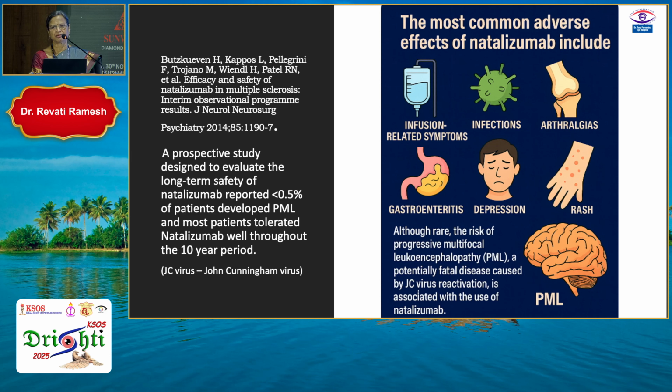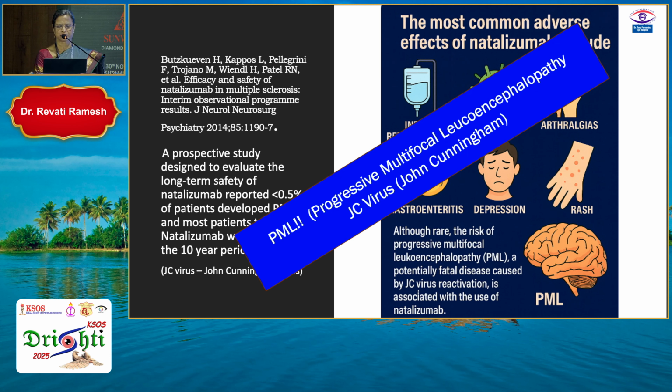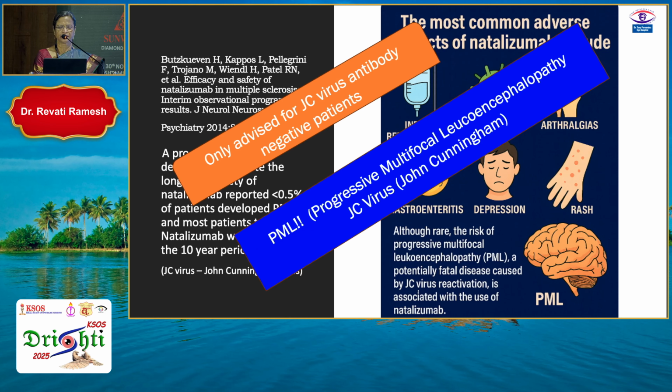The most common adverse effects of natalizumab include infusion-related symptoms, infections, arthralgias, gastroenteritis, depression, rash, but the most dreaded complication, as my colleague also mentioned, is progressive multifocal leukoencephalopathy, which may be fatal, and this is because of the reactivation of John Cunningham virus. So it is usually advised only for those patients who are JC virus antibody negative.